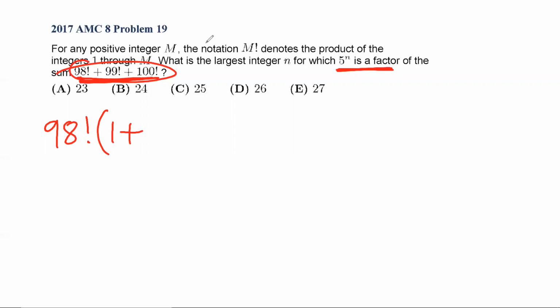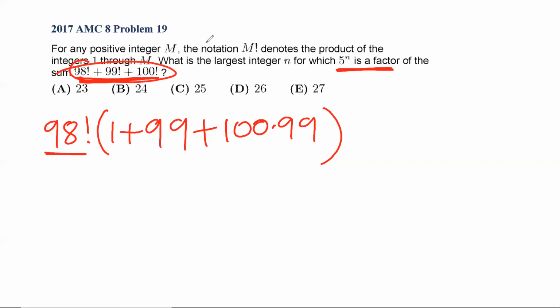And 99 factorial is just defined as 98 factorial times 99, so there's just 99 left here. And 100 factorial is 100 times 99 times 98 factorial, so you're just left with 100 times 99. So now you've simplified it into 2 problems.